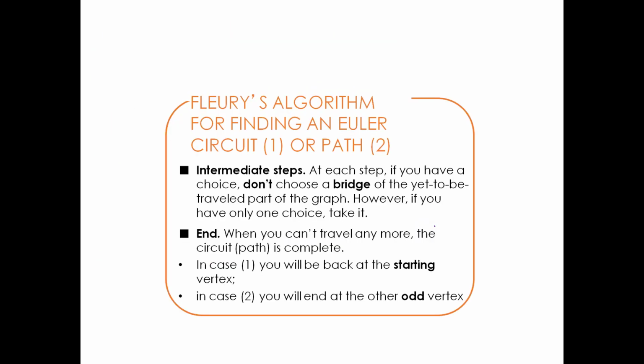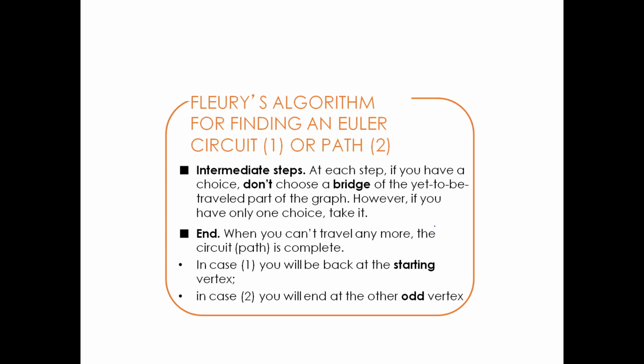So once we know whether we have an Euler path or an Euler circuit, we want to be able to find them, right? Fleury's algorithm is really pretty simple for finding an Euler circuit or an Euler path. At each step, if you have a choice, don't choose a bridge of the yet to be traveled part of the graph.